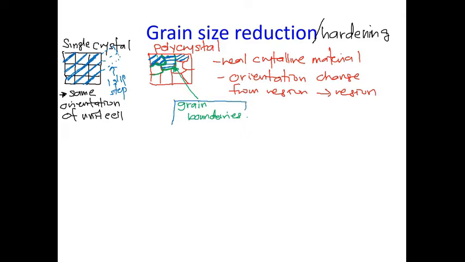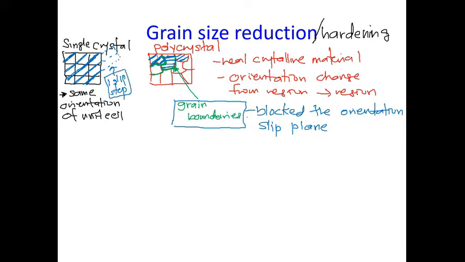Actually, when you see these diagrams, you can see these grain boundaries block the orientation of the slip plane. So this slip plane is blocked by these grain boundaries. That's why you cannot see slip steps such as those in single crystals.